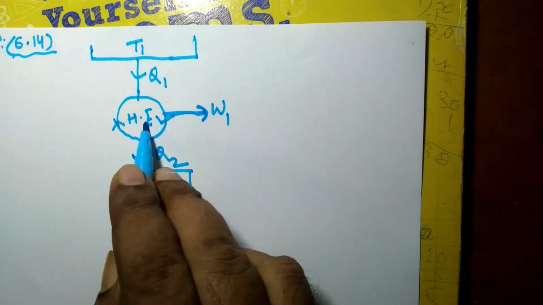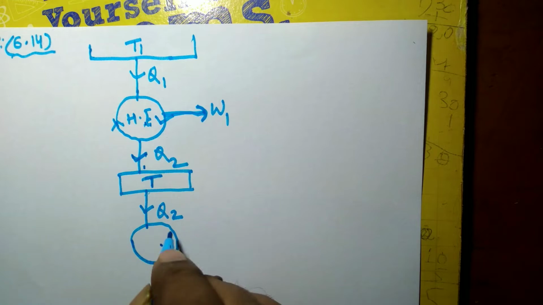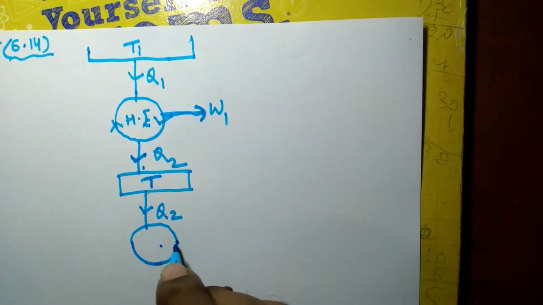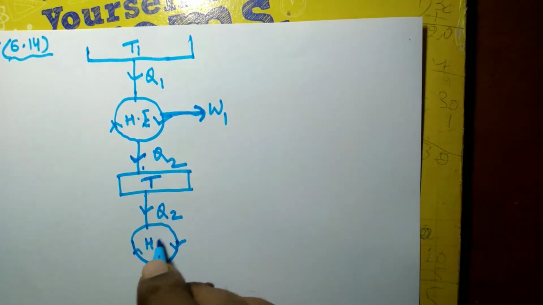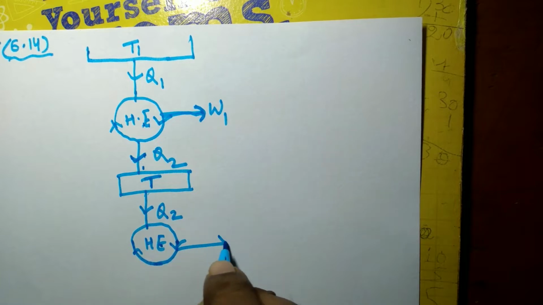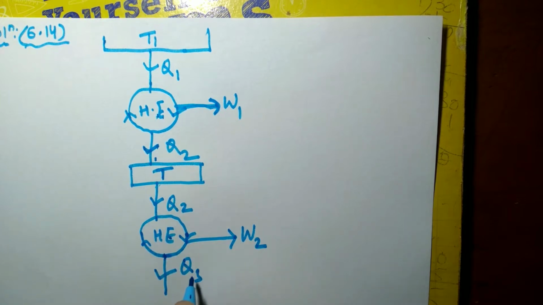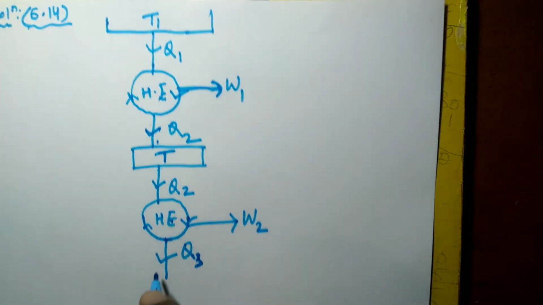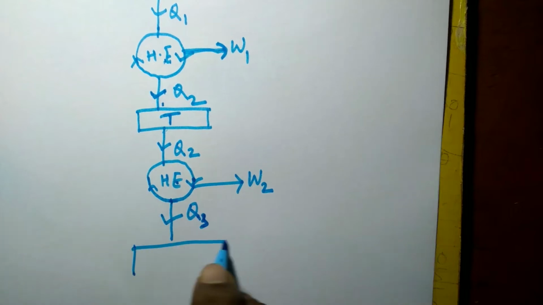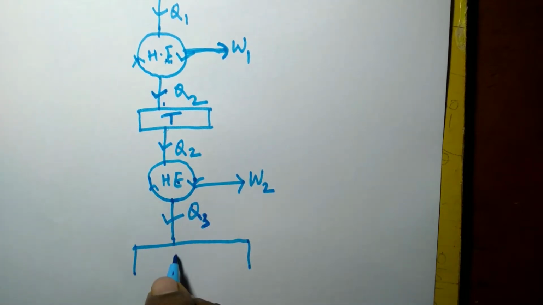So this means this engine and this engine are in series. And let W2 be the work output of this second engine. And let Q3 be the heat rejected by the second engine to the low temperature T2.